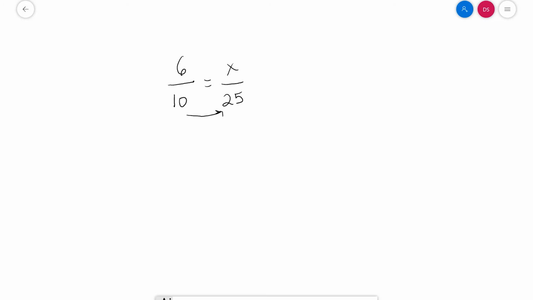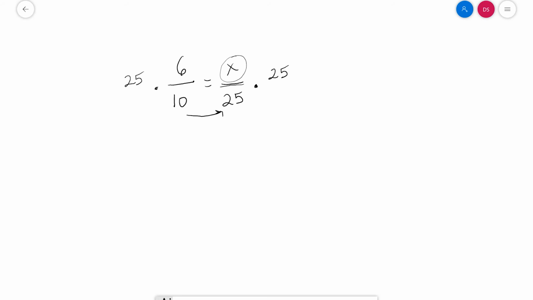Here we have a variable. Remember that our goal is to get this variable alone. Okay, why is it not alone? Because it's being divided by 25. So I can do the inverse operation, which is to multiply it by 25. But to solve an equation, I need to multiply both sides by 25.